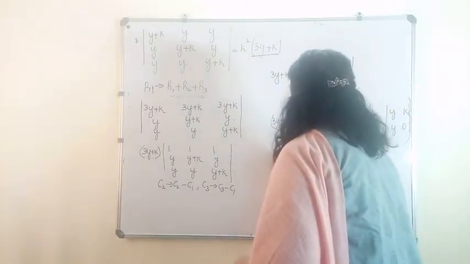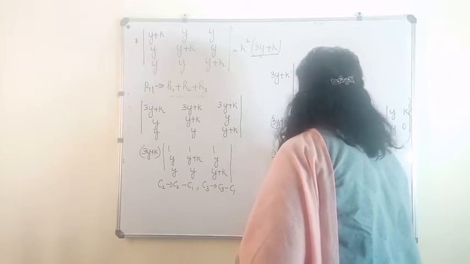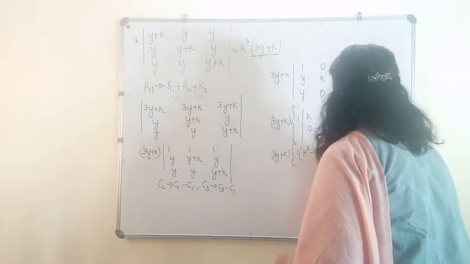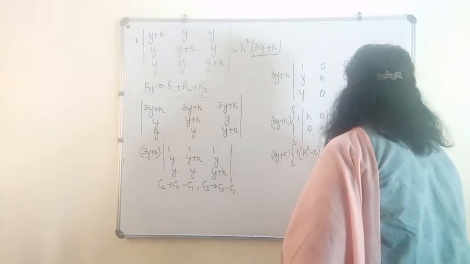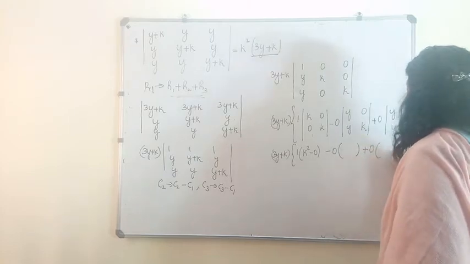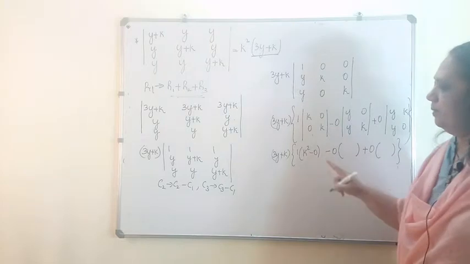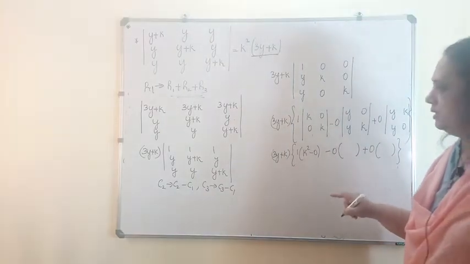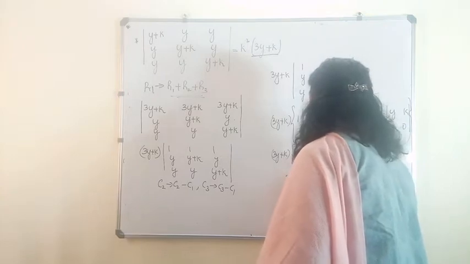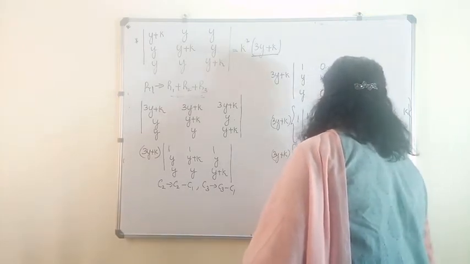That is 3y plus k into 1 into k squared minus 0 into a term plus 0 into another term. 1 into k squared minus 0, k squared minus 0 is k squared. 1 into k squared is k squared. So 3y plus k into k squared, and that is your RHS.